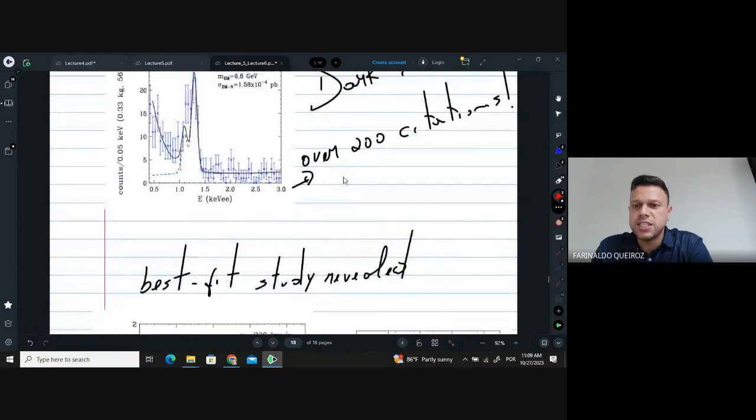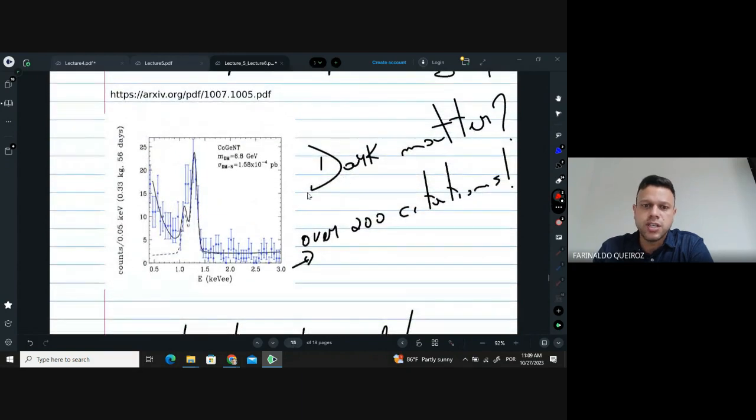Okay, if that is true, as you can see in this figure, that's the events they measured, the one in blue. And the one in black is if you had a dark matter particle with a mass of nearly 7 GeV with some scattering cross-section at 10⁻⁴ picobarns. As you see, it matches the data really well.